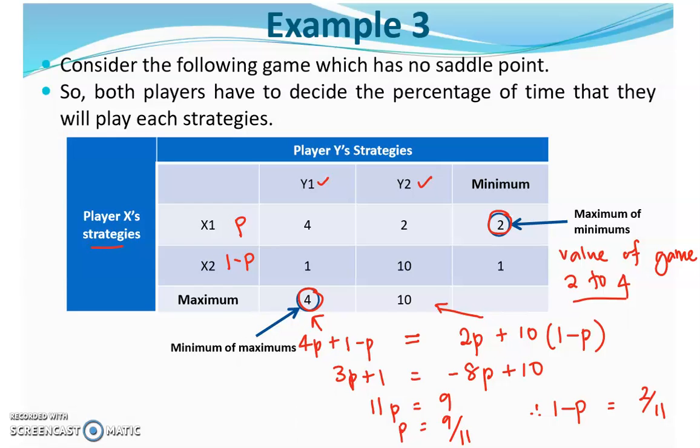Now if we convert this into a percentage, for player X, P equals 9 over 11, which is around 81.82%, and 1 minus P is around 18.18%.